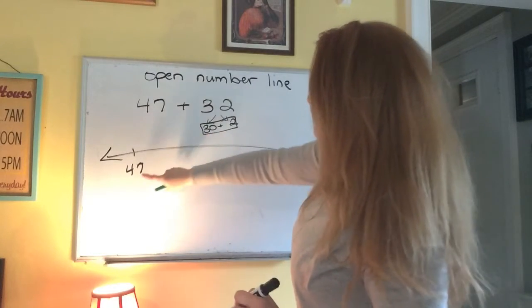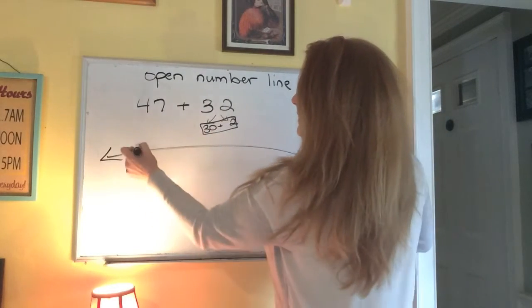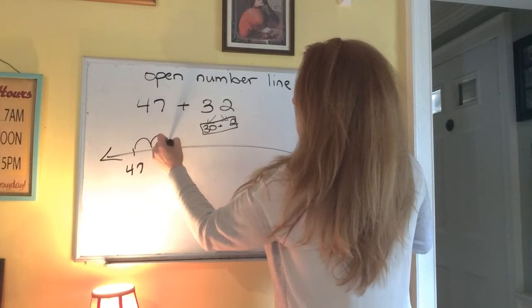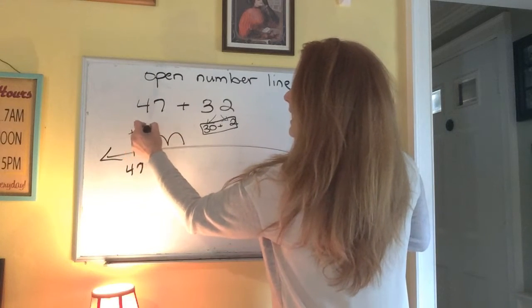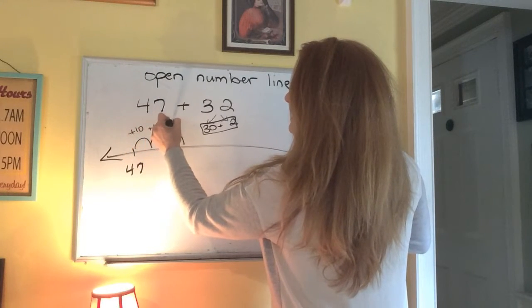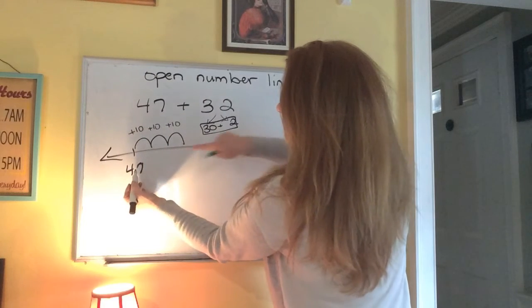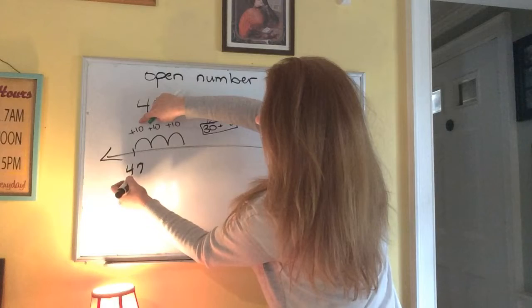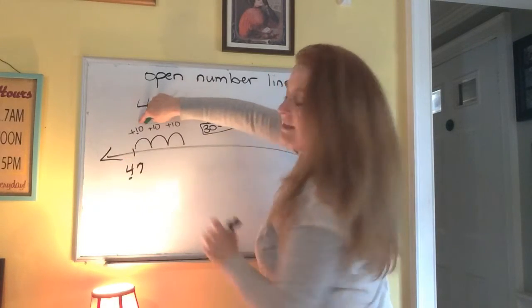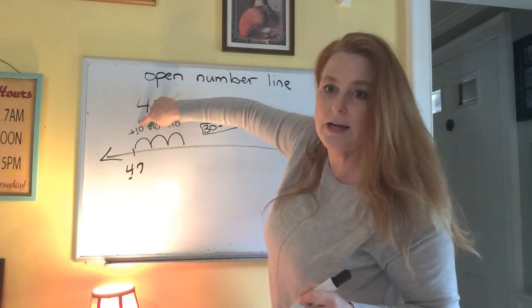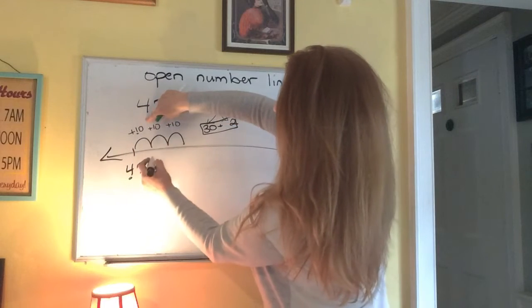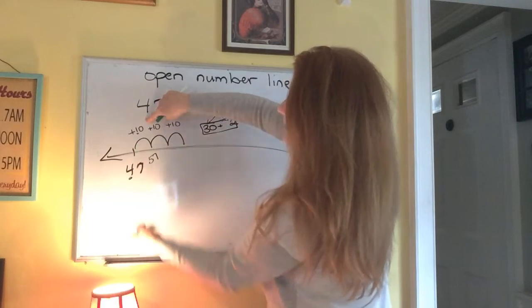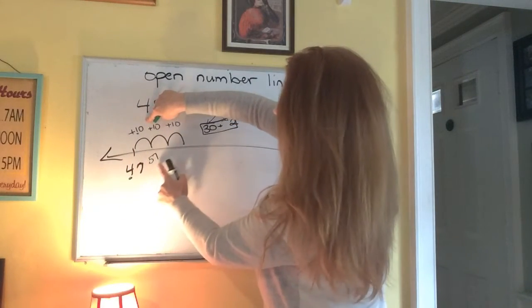Then I can do my jumps. I can do 47 plus 30. So I can do 10, 20, 30. Again, I need to label them so that I can look back and make sure I did it correctly. 47 plus 10. Just the number in the tens place is going to move. Okay, so it's 47 plus 10 is 57. Leave that 7 in the ones place.